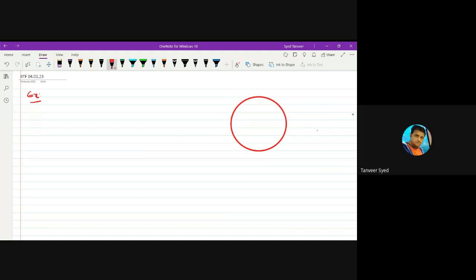Right. So the situation is, a body is moving along a circular path of radius r. Let us say the body starts from here.